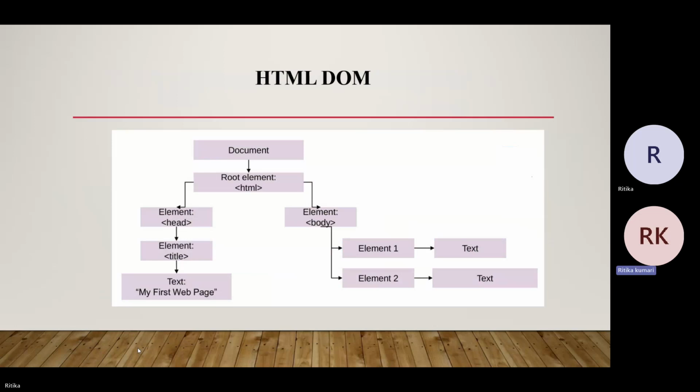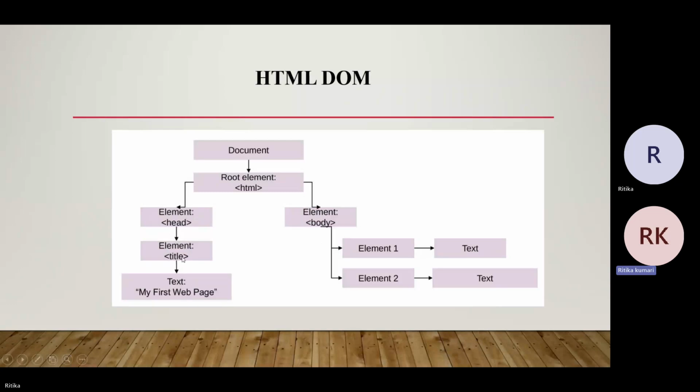Now let us see what is HTML DOM. So HTML means markup language and DOM means document object model. The document consists of a root element, that is our HTML tag, whose first child is the head tag, and the second child is the body tag.